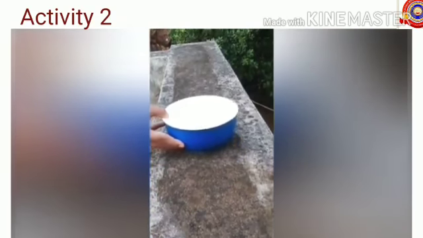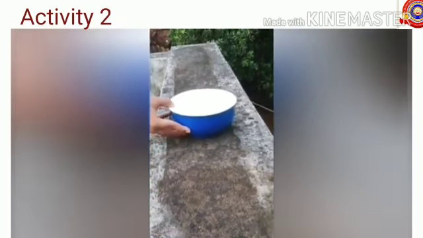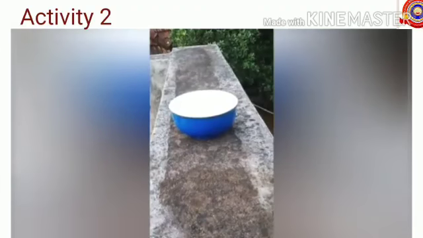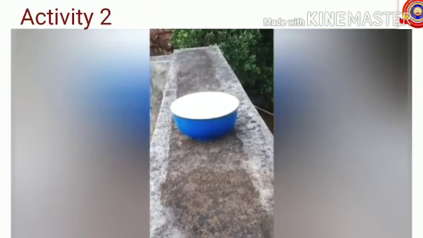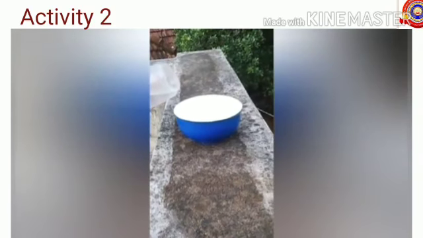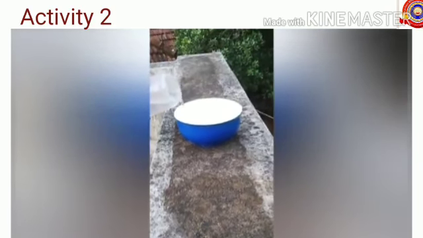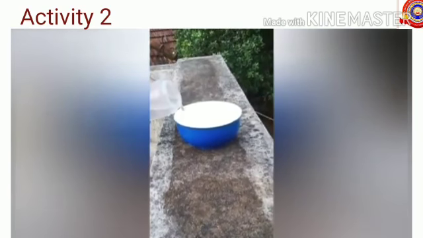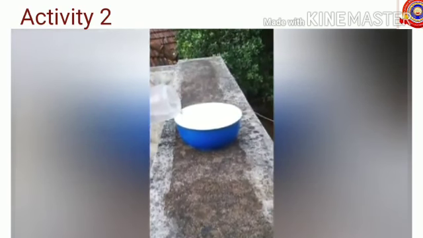Stop moving when the coin disappears from your sight. Now ask someone to add some water slowly into the bowl without causing any disturbance to the coin. Meanwhile, keep looking from the same position.